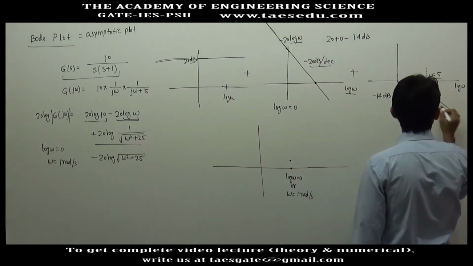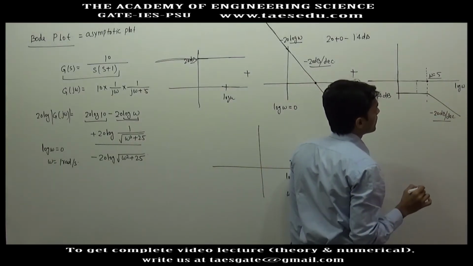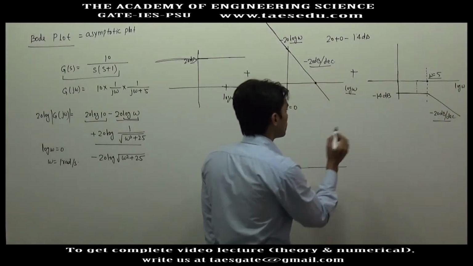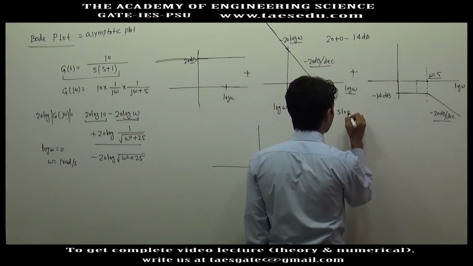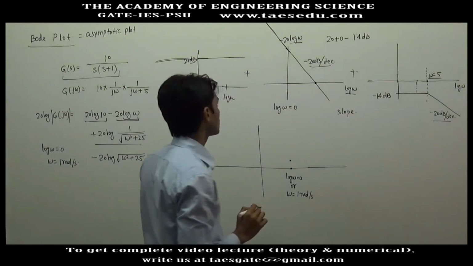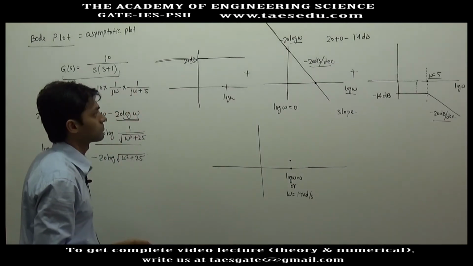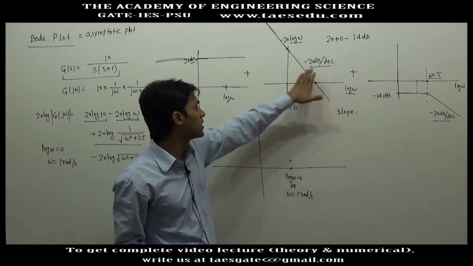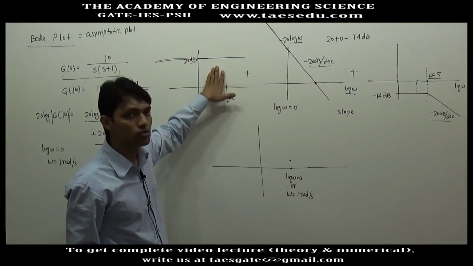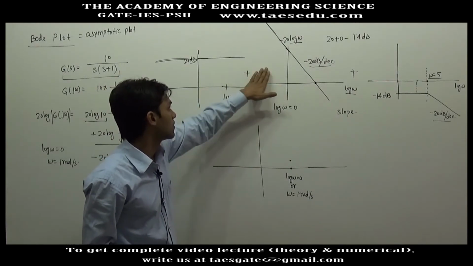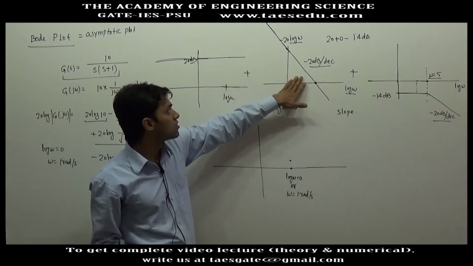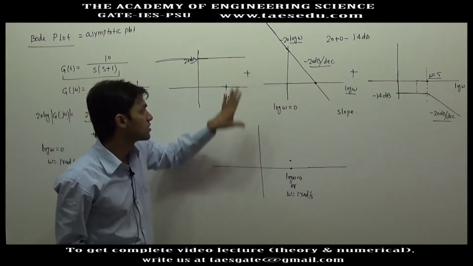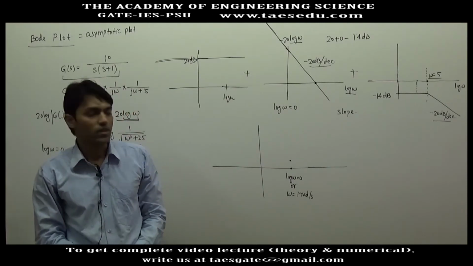And this gives a slope of minus 20 dB per decade after omega equal to 5. So if we talk about slope, what will be the boundaries? This always gives minus 20 dB per decade, and this always gives a zero slope. If you add only these two graphs, the slope will be minus 20 dB per decade.